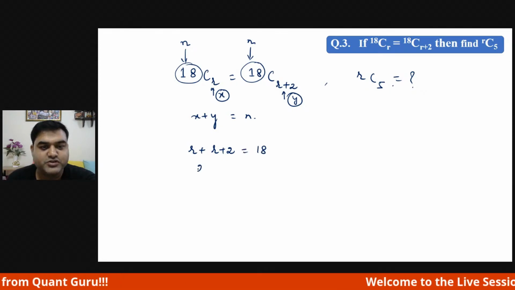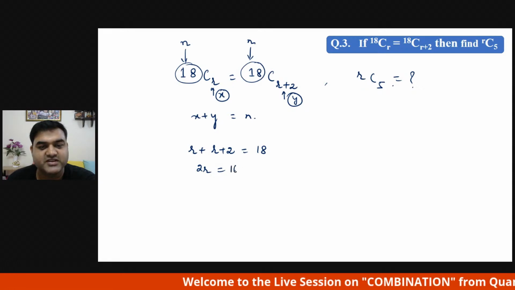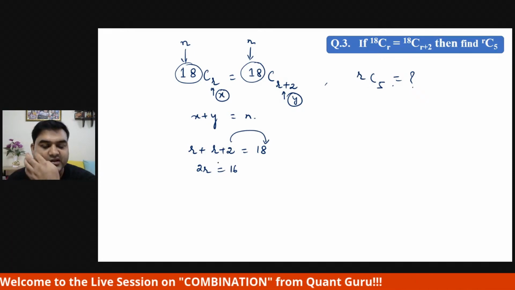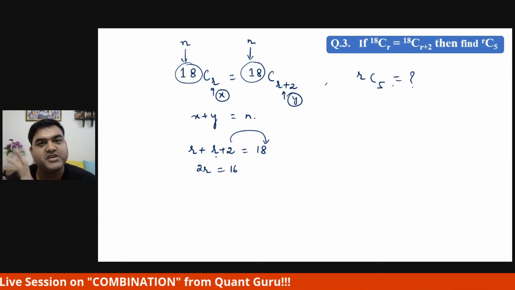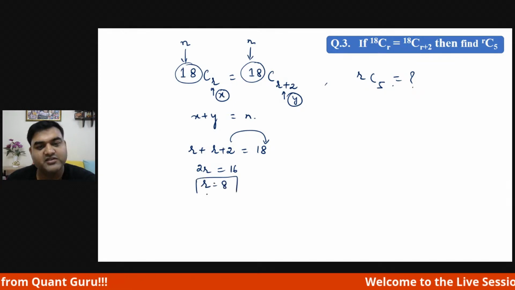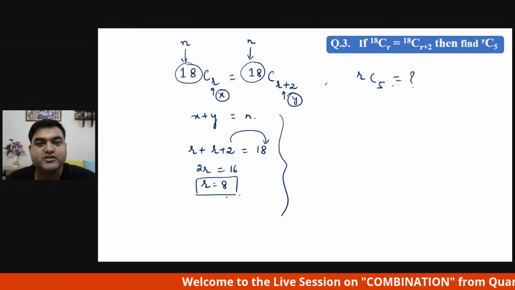That means 2R plus 2 is equal to 18, so 2R is equal to 16. Because this 2 goes to the other side, from left hand side to right hand side, here it is positive, there it will become negative. So the R value is equal to 8. Can we get it? Yes. Everybody got it, no? The value of R is equal to 8.